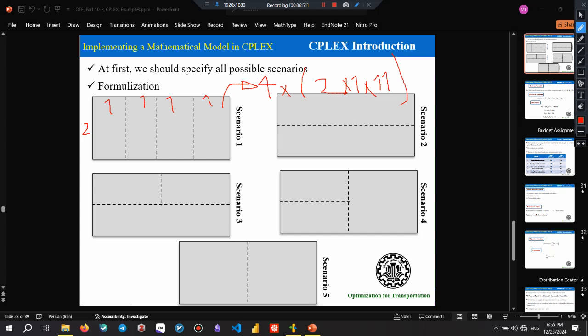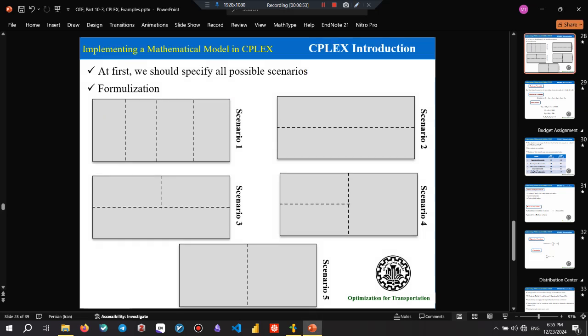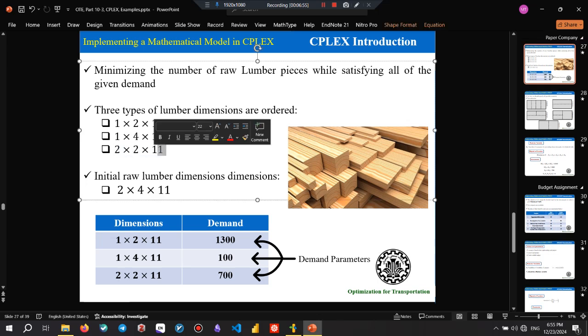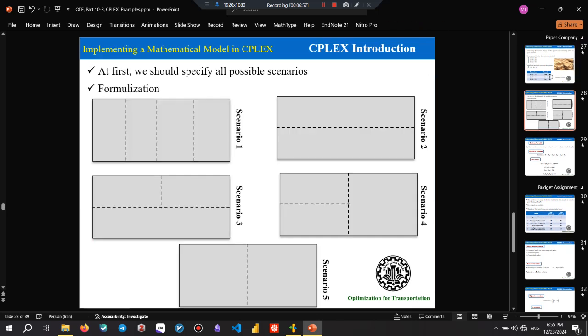Okay, and this one, for example, the width is 11, right? And this one is something like 1, 1, 4. So it's 2 of 1 to 4 dimensions, the two of these lumbers. Okay, so these are all of the possible scenarios.